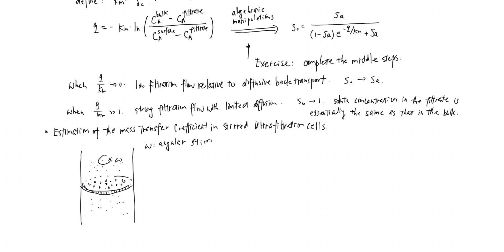Stirring speed. And the radius of this device we call R cell.